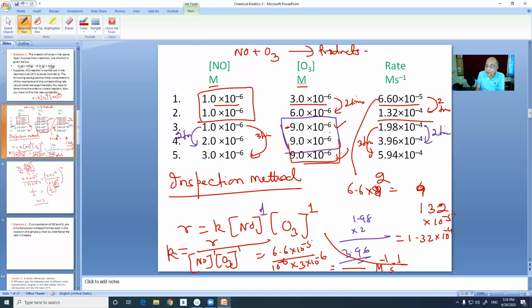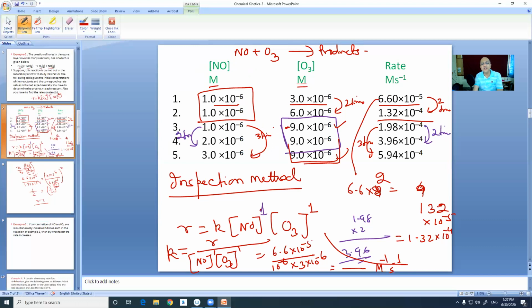Similarly, you take this constant and again write R1 by R2, which is equal to the NO concentration of the third data by the NO concentration of the fourth data to the power n. There also you will get the order n equal to 1. So by the calculation method, in some cases you will get 2, as we shall see later.